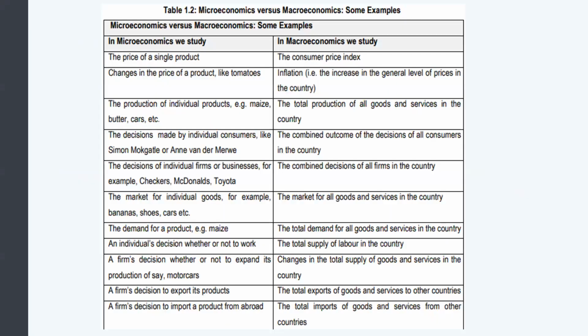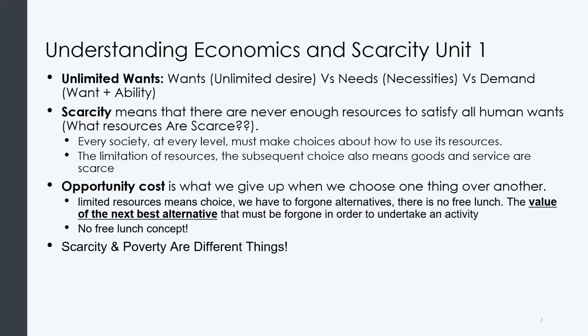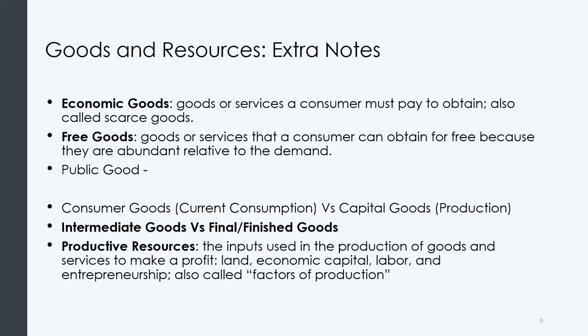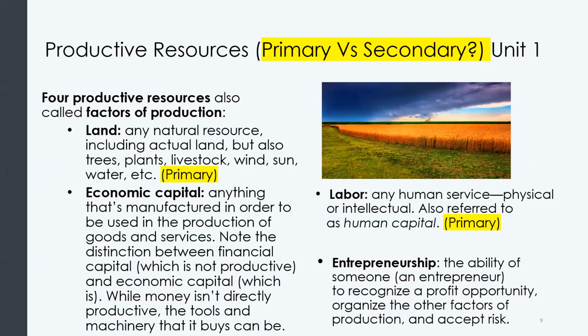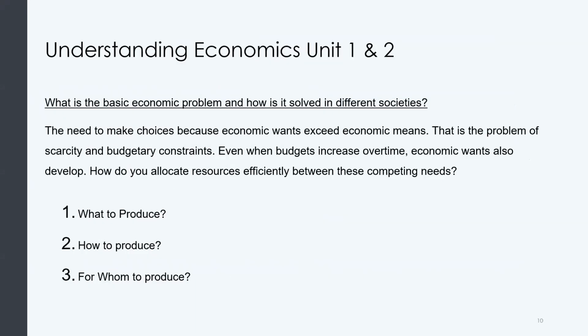Then we talked about the definitions of different terms we will see when discussing economics: scarcity, wants, opportunity cost, and economic goods. Then we went into a detailed analysis of the economic problem and the three questions tied to economics, which are what to produce, how to produce, and for whom to produce.